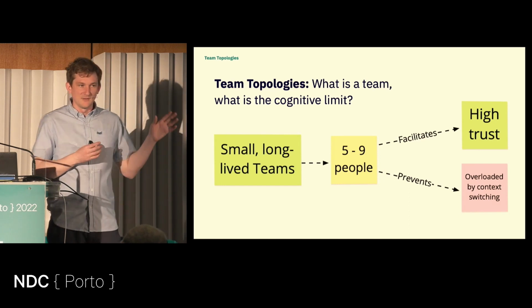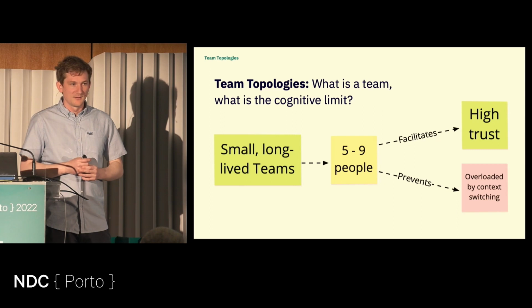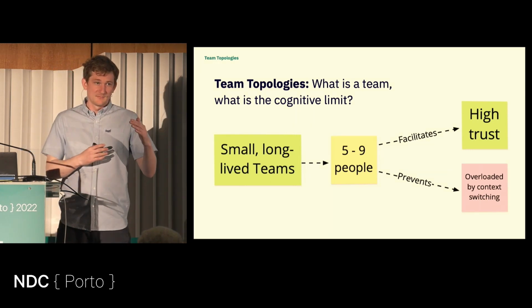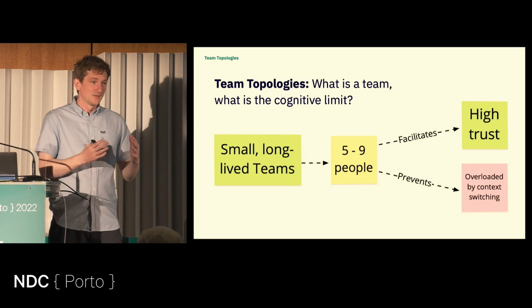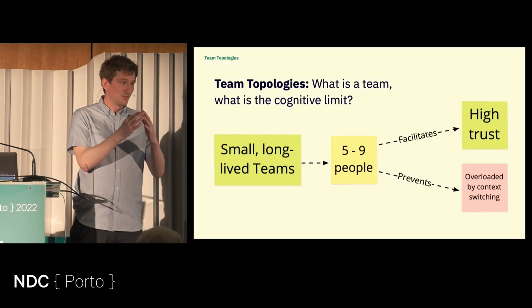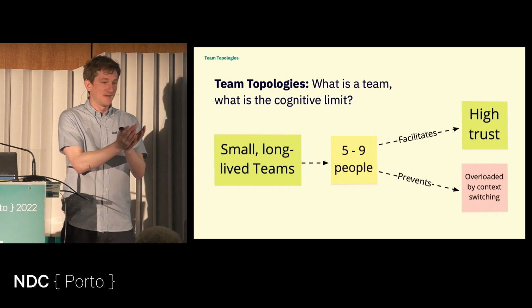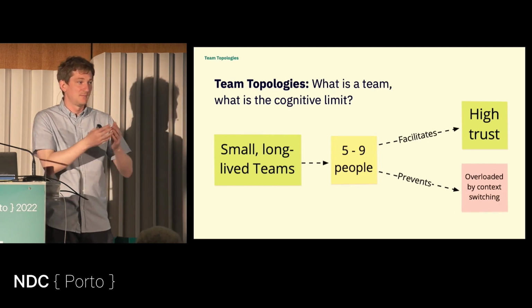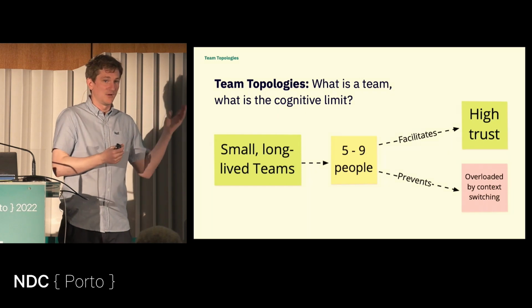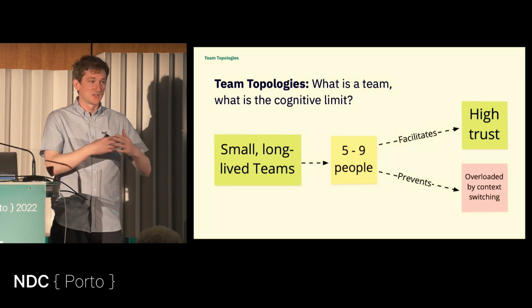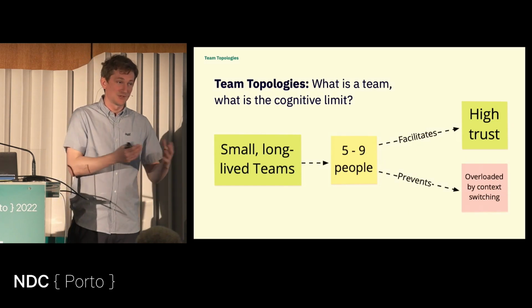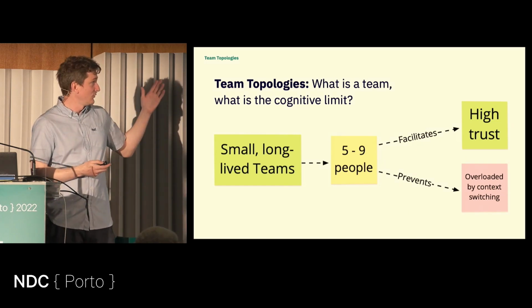So 5 to 9, there is some research behind that, and that's basically the upper limit. You've got to identify the maximum size domain you can have in your event storm, or after your event storming session, that can be managed by a team of 5 to 9 people. If there's too much work going on in that domain, then it's too big. And this first check here would stop us doing that.